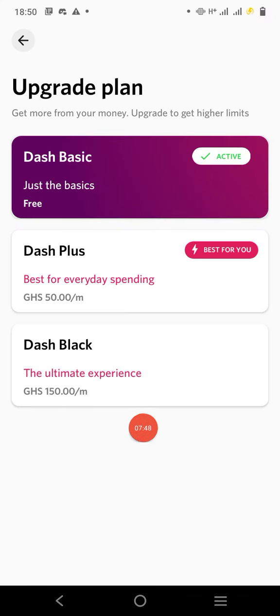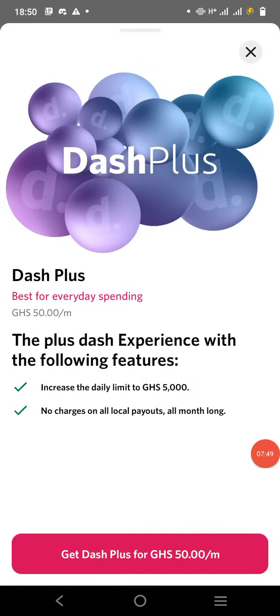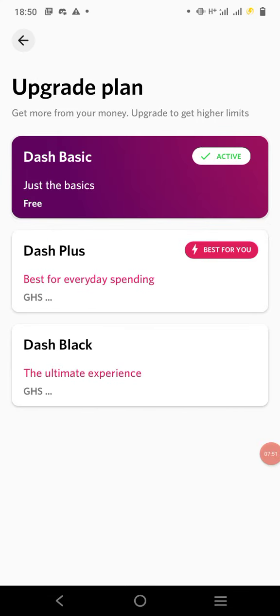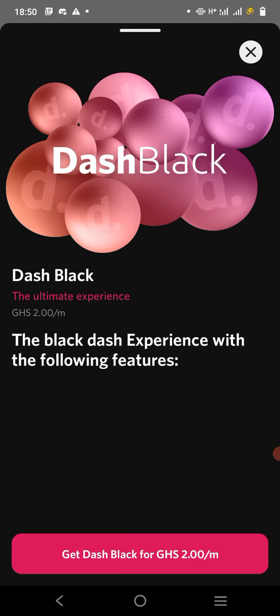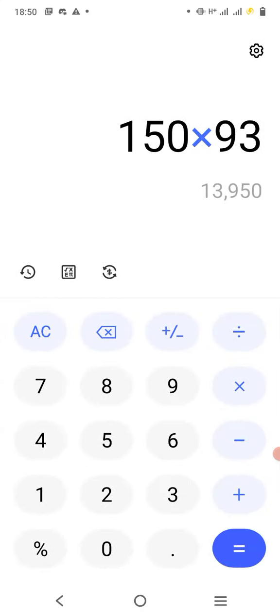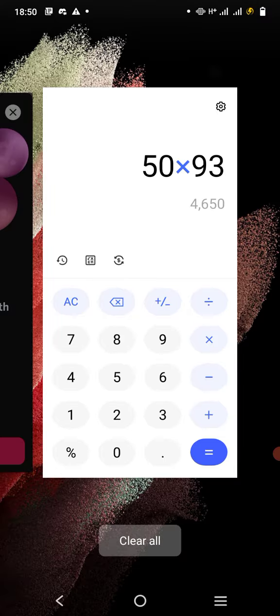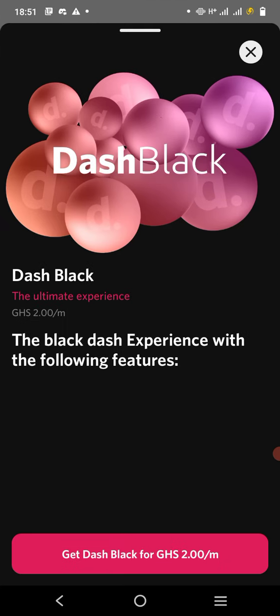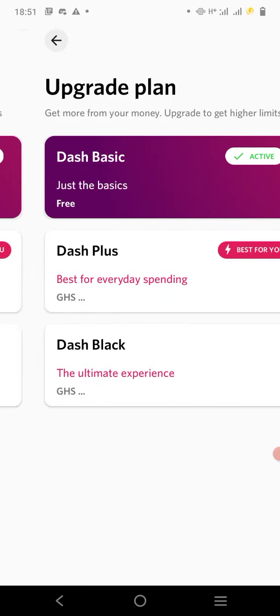And this other one that is 50 GHS, this is 5,000 limits. So that's about 4,000 naira in a month. And then what are they offering you?